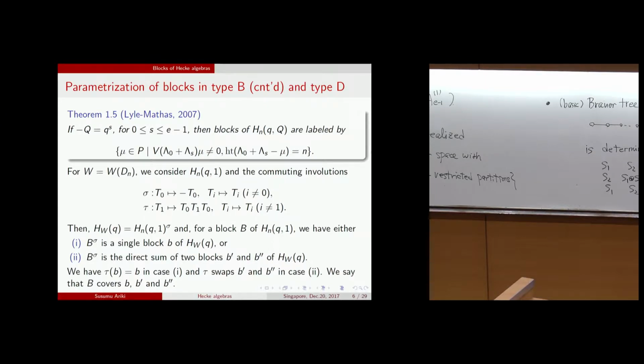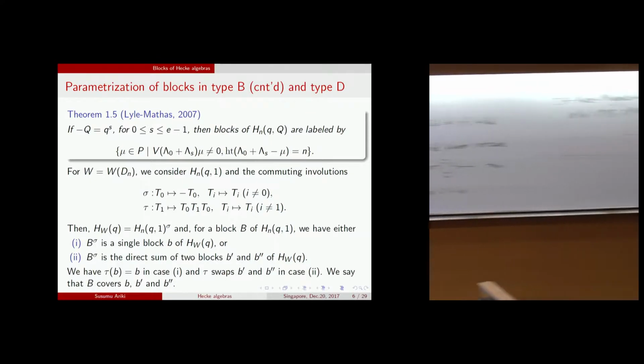Then this Hecke algebra of type D is the fixed point algebra of sigma, and for a block capital B of H_{D,q}, we have either the fixed point algebra B is a single block small b of H_{B,q}, or B sigma is the direct sum of two blocks B prime and B double prime of H_{B,q}.